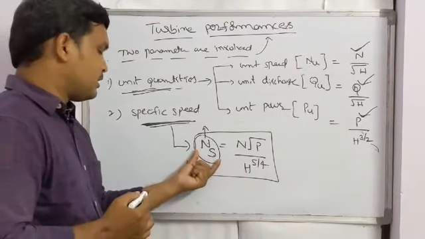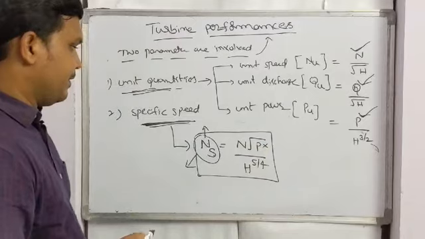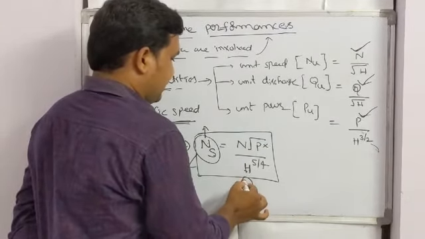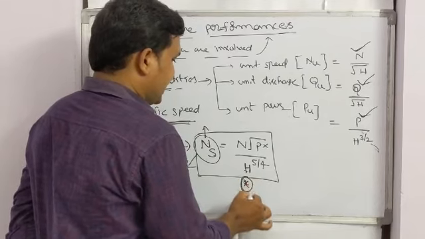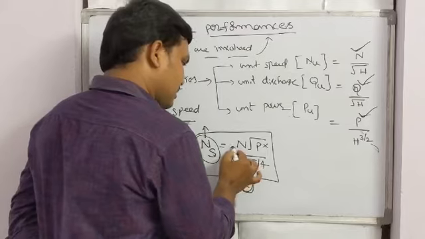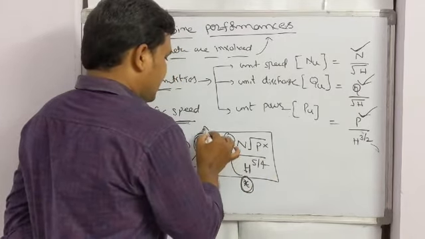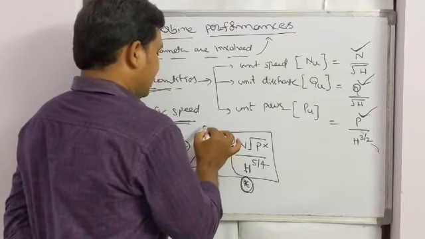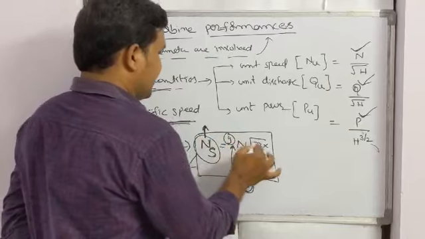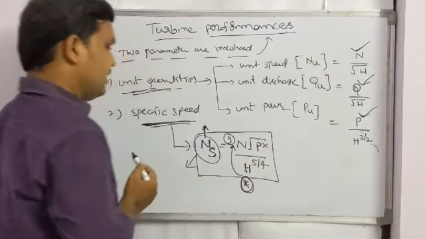If you know the specific speed of the given turbine, we can find out how much power it will develop. For example, a Pelton wheel working under x meter head and rotating at some y revolutions. For a particular turbine, the Ns is a constant, fixed value, so we can easily calculate how much power will be developed.